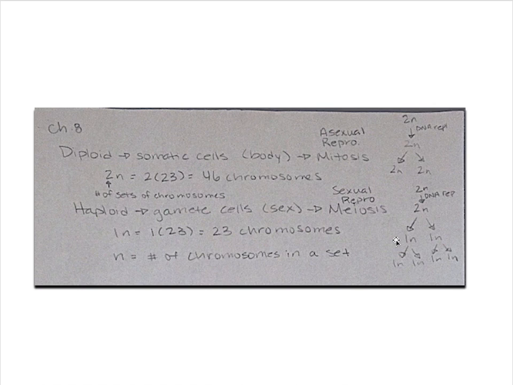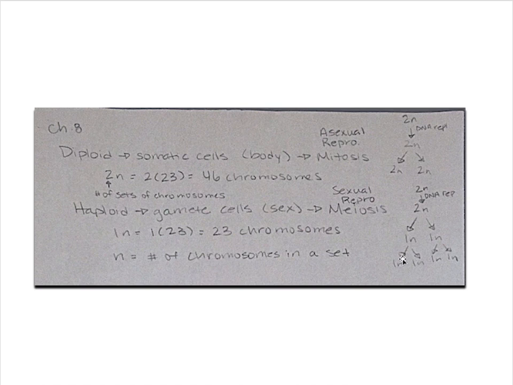But it's not in the correct form, or there's still too much DNA. And then I will explain that in more detail later on. So that means that we have to undergo another cellular division, which is meiosis 2. Each of these daughter cells will undergo meiosis 2.